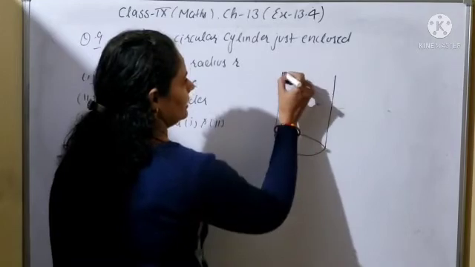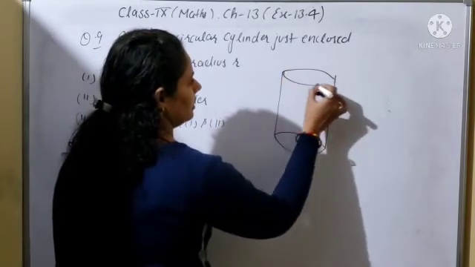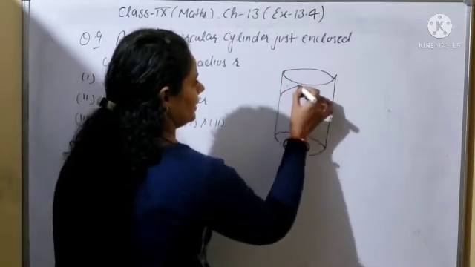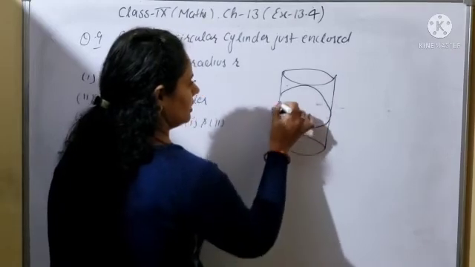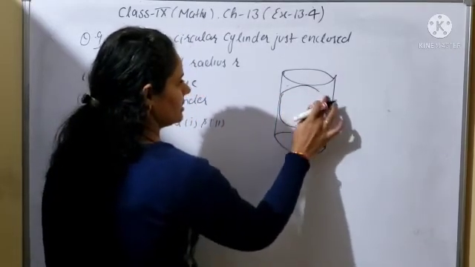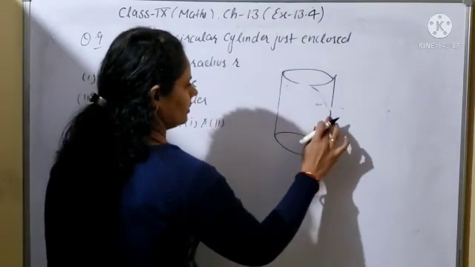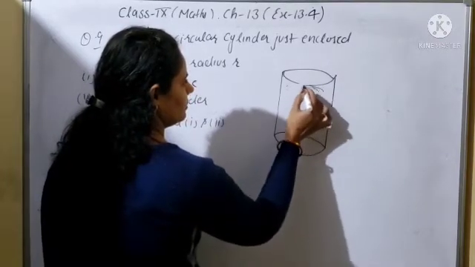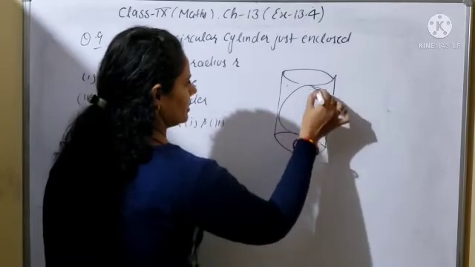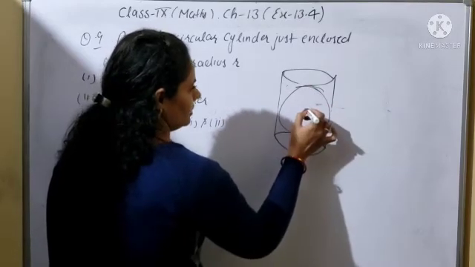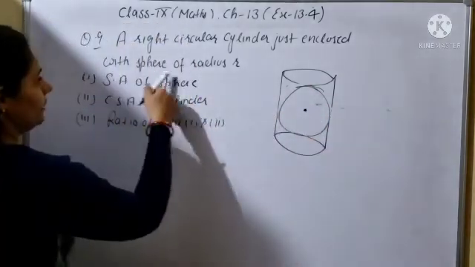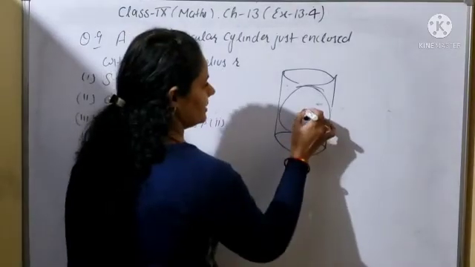and in this cylinder one sphere is enclosed. One sphere is enclosed in this cylinder like that. Okay, and with the sphere of radius r, and sphere की radius क्या है? r.